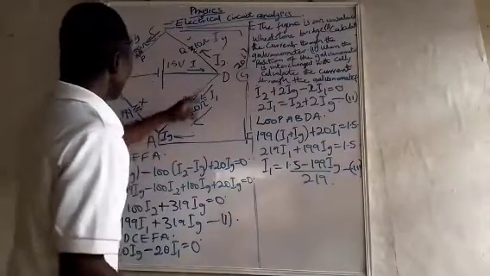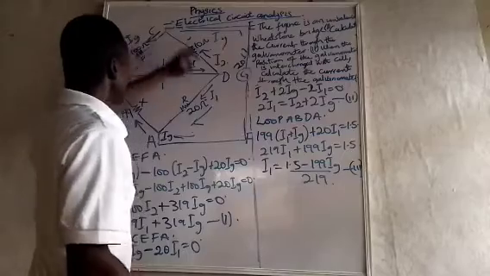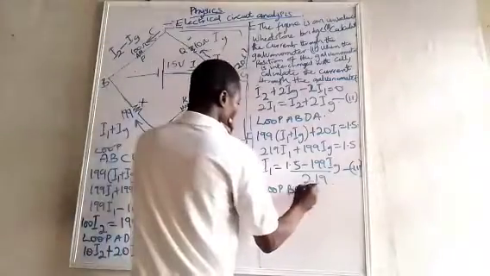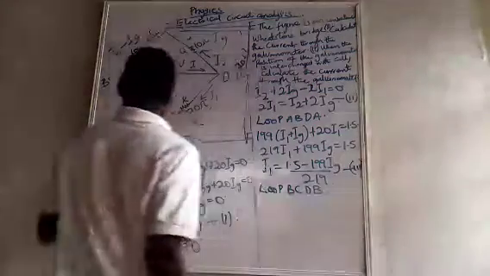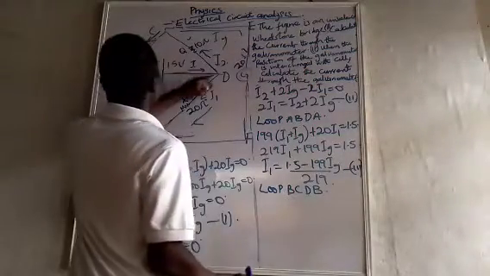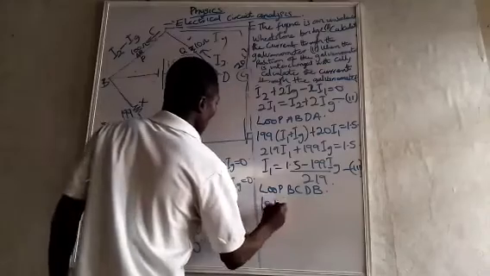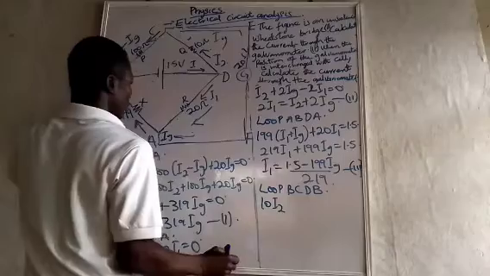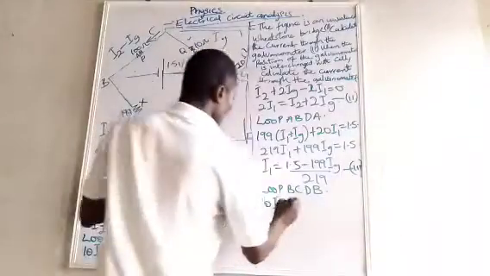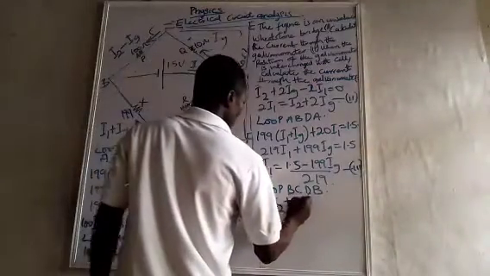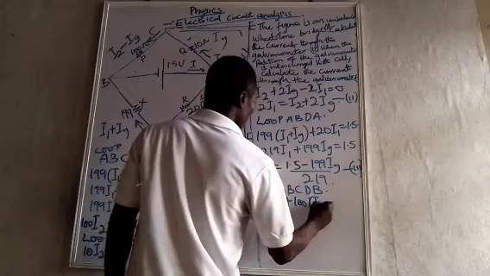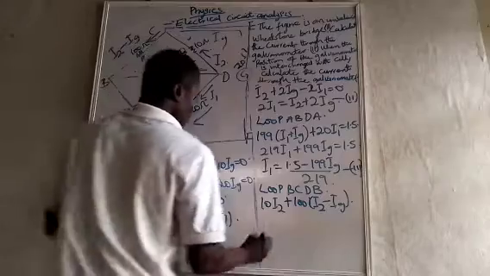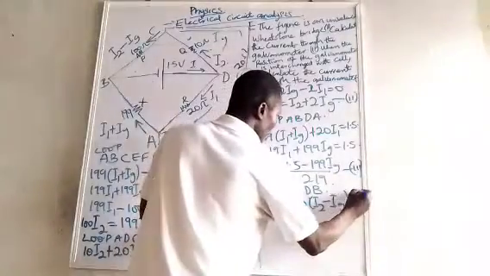Let's look at loop B, C, D, B. So I'm going to have 10 I2 plus 100 into I2 minus IG is equal to 1.5.